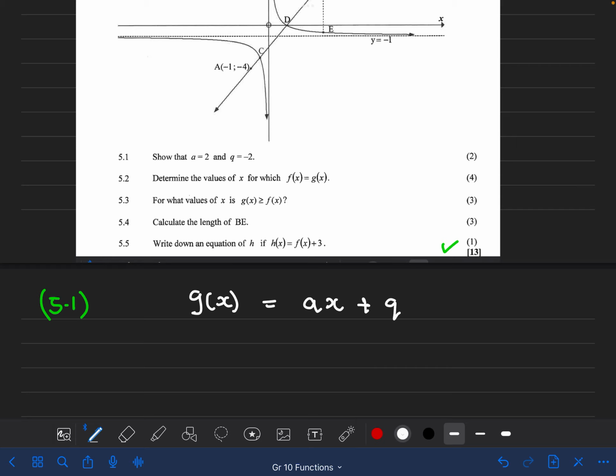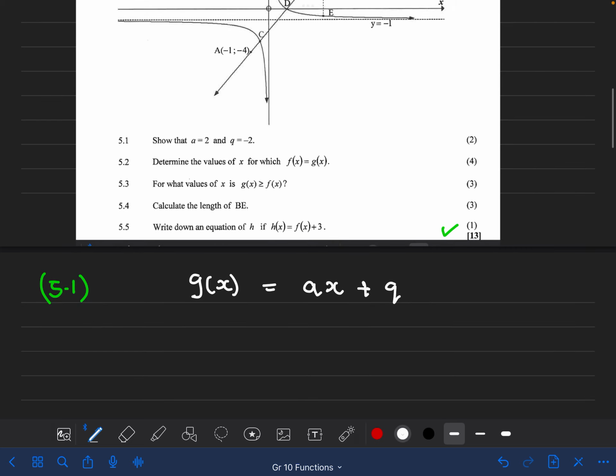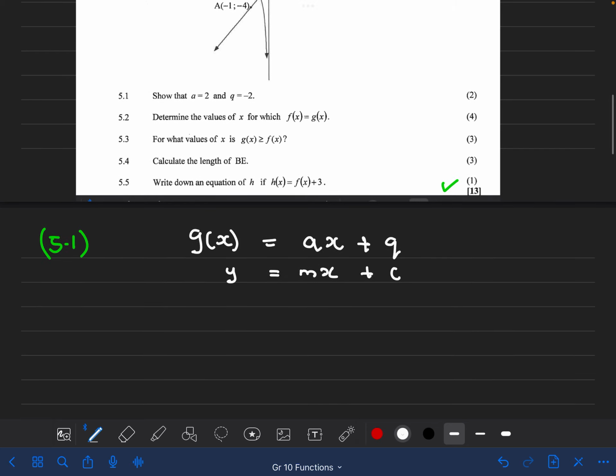So we need to show that a is equal to 2 and q is equal to negative 2. And then what is a here? This is similar to y equals mx plus c. So a is m, or rather, a is the gradient.